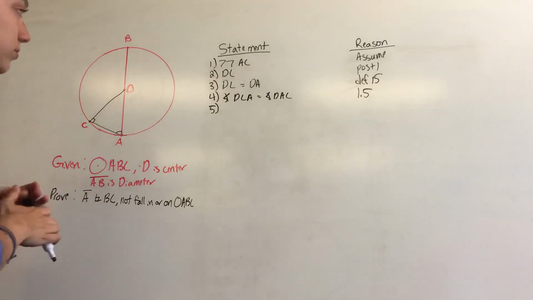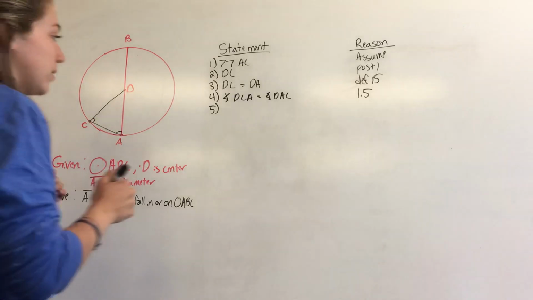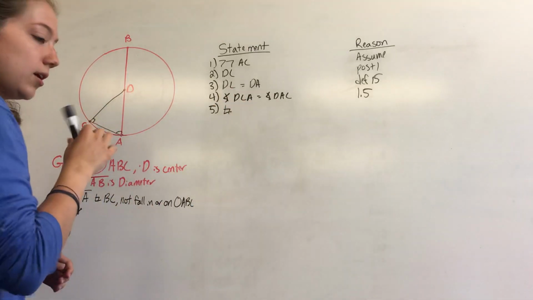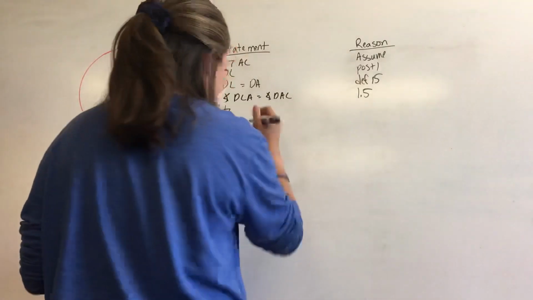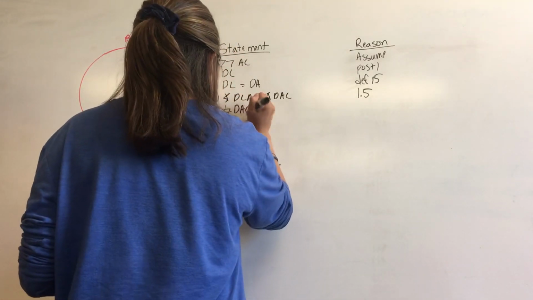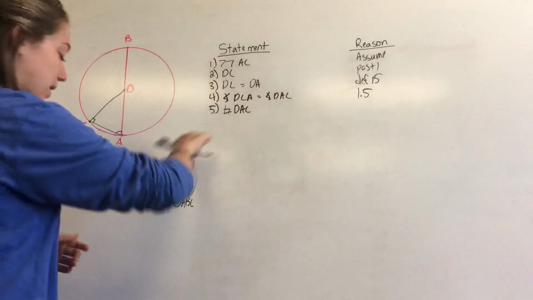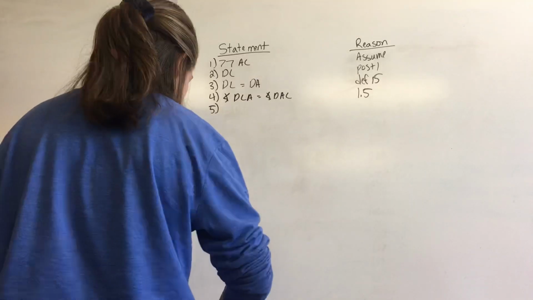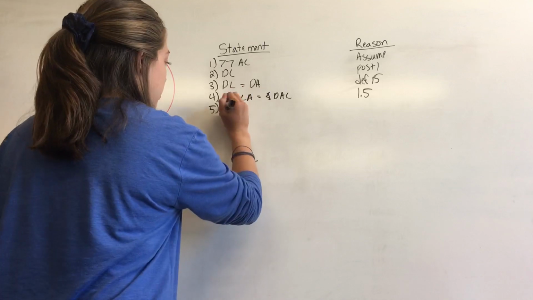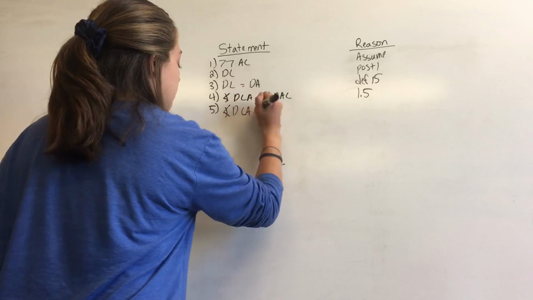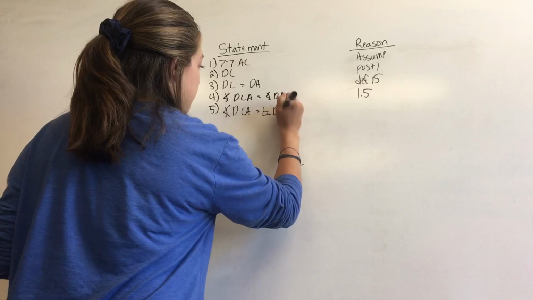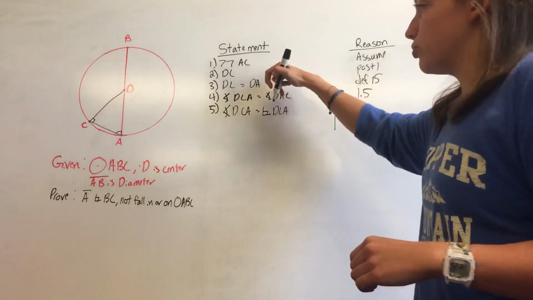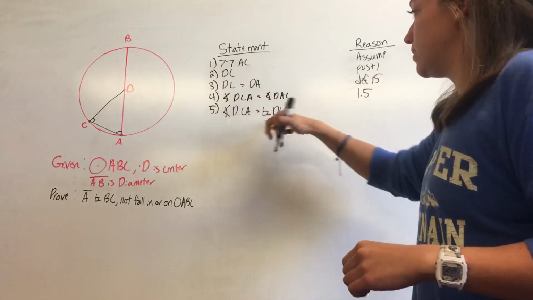So now we can move on and say that angle DAC is a right angle. Here, I'm going to rewrite that. We know that DCA is equal to a right angle, and we know that because in the beginning when we drew AC, it made DCA a right angle.